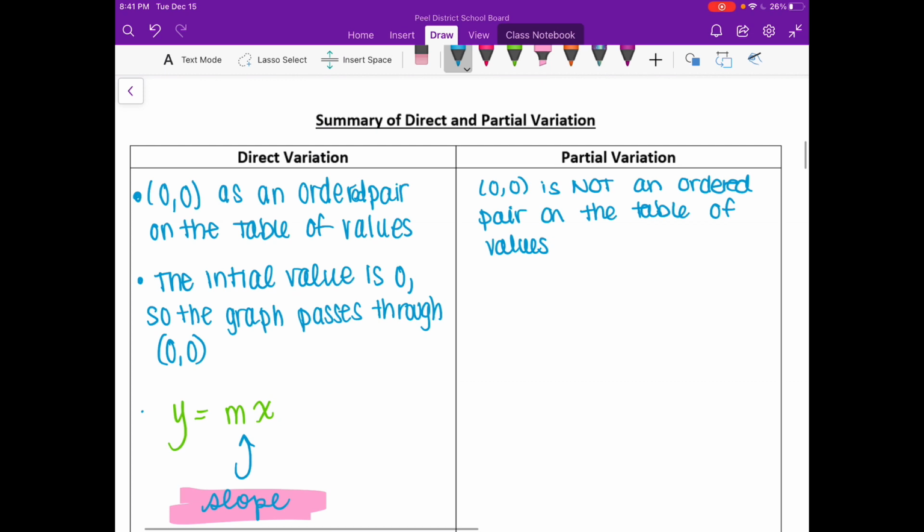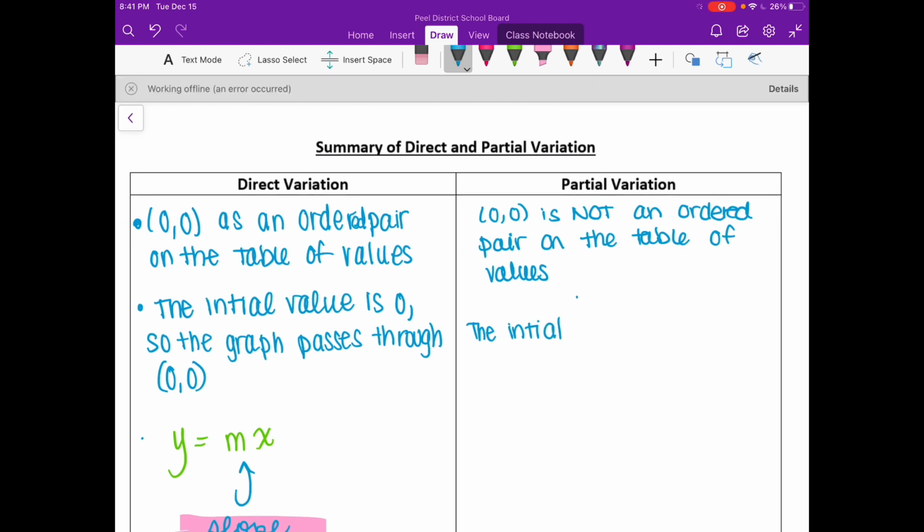The initial value, or the value at which this crosses through the y-intercept, is some number b. And b is important.